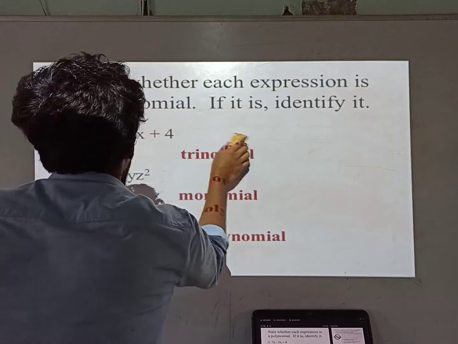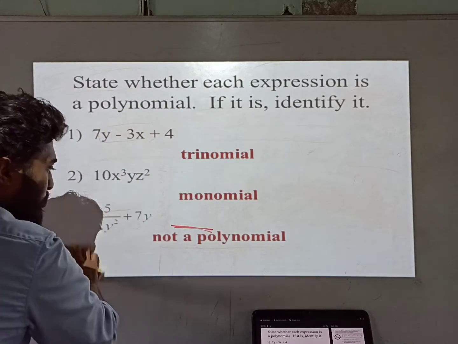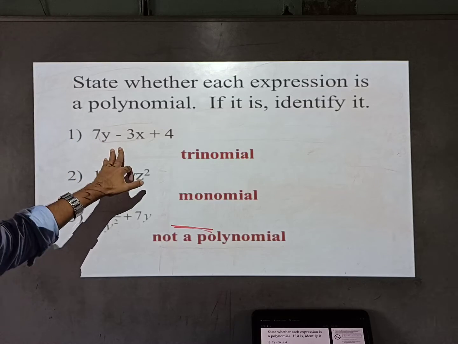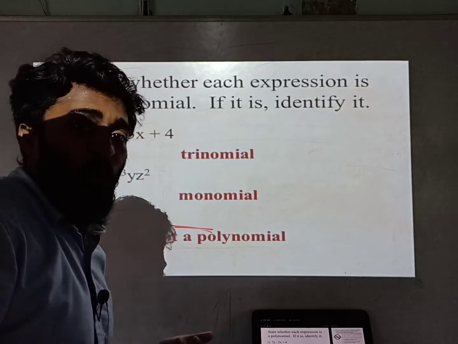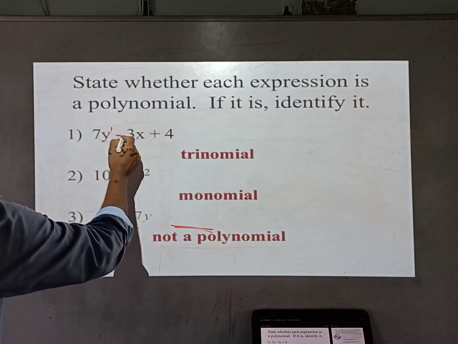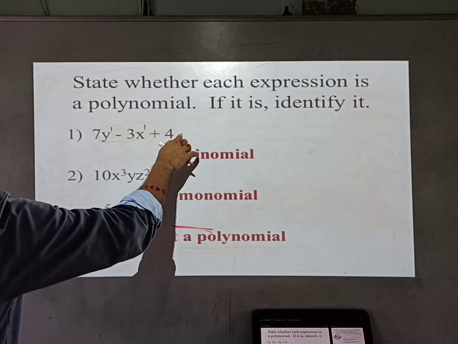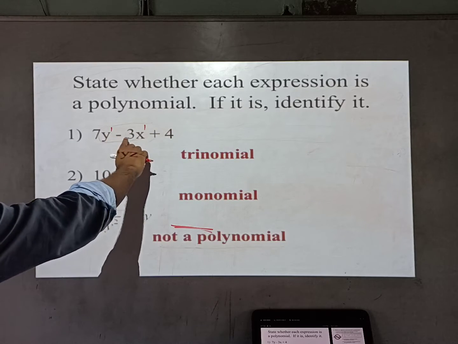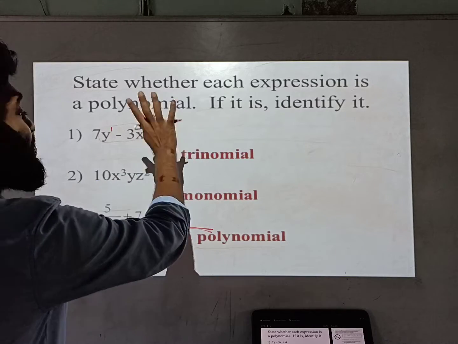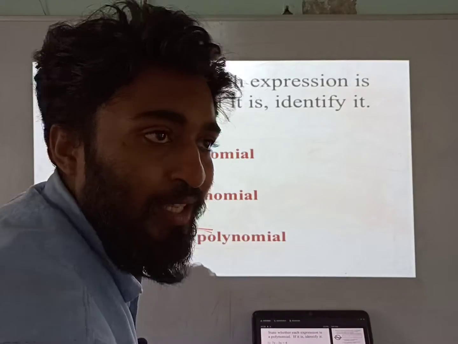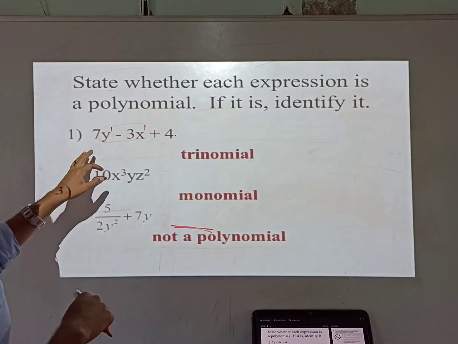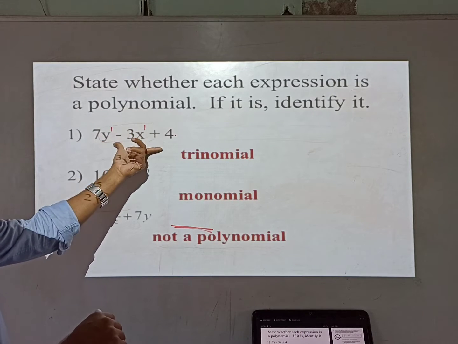If it is, identify it. It says to check whether they are polynomials or not. If they are polynomials, then you give the name of the polynomial. We have to name it. Here the power of y is 1, the power of x is 1, and here there is a constant term. The degree of a constant is always 0. A 0 degree polynomial means a constant polynomial, as I said before. So what is the degree?